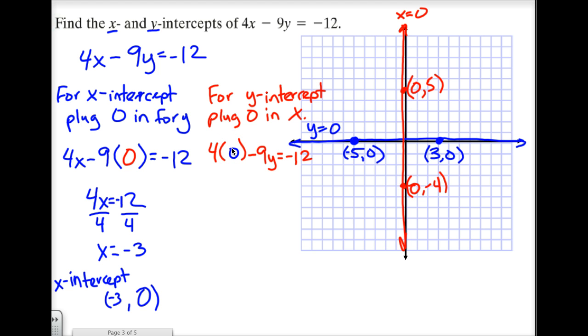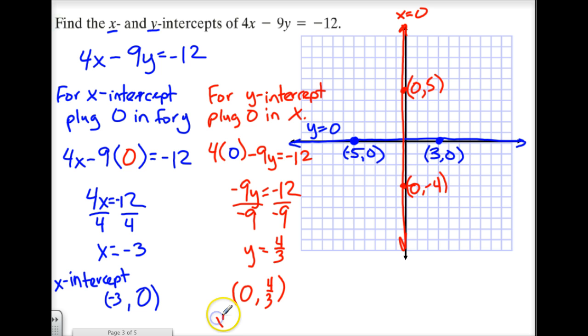And then you're going to solve that. So you get negative 9y equals negative 12. Divide by negative 9. A negative divided by a negative is a positive. And then I can reduce 12/9 into 4/3. So when I rewrite that, we put a 0 in for x, and the y value is going to be 4/3. So this is the y-intercept.